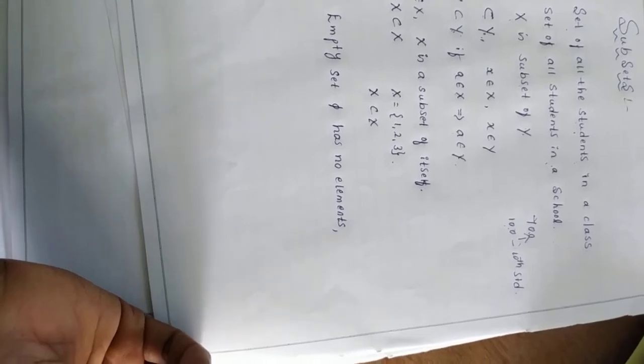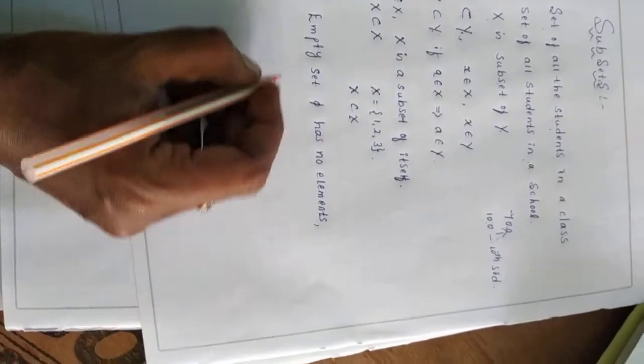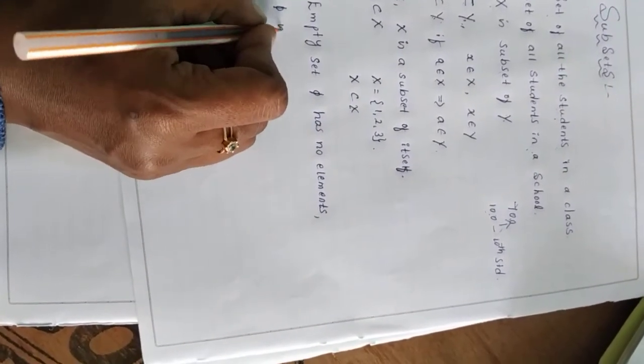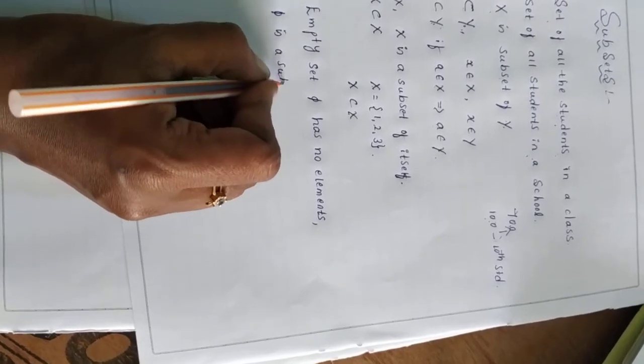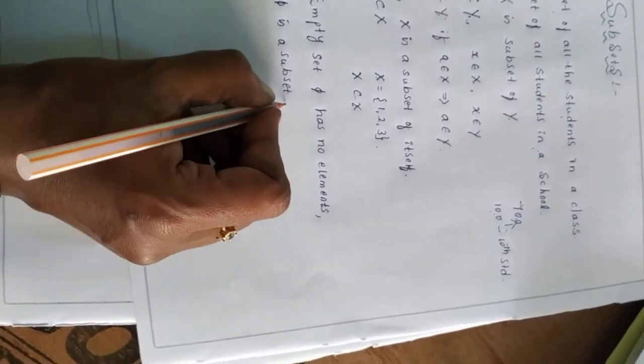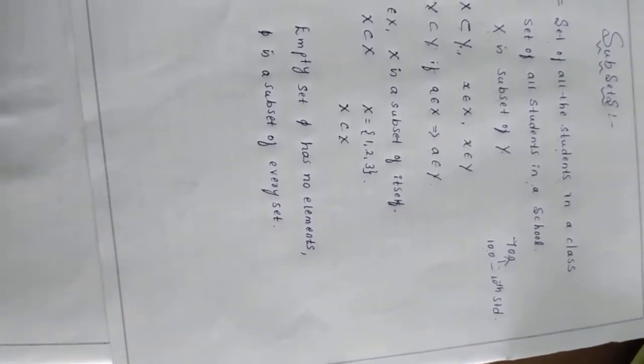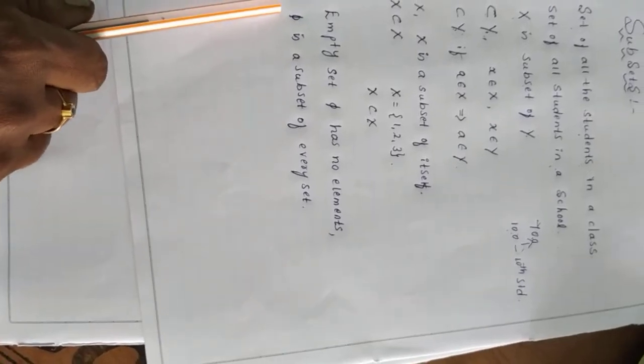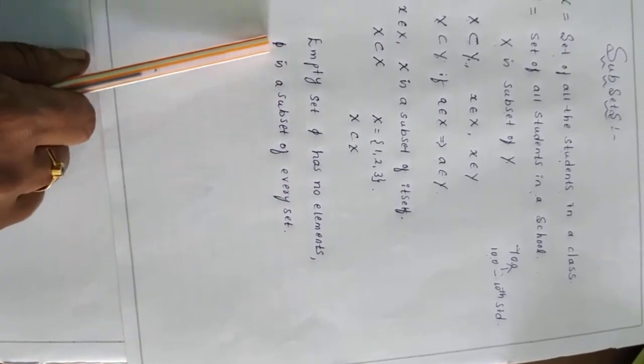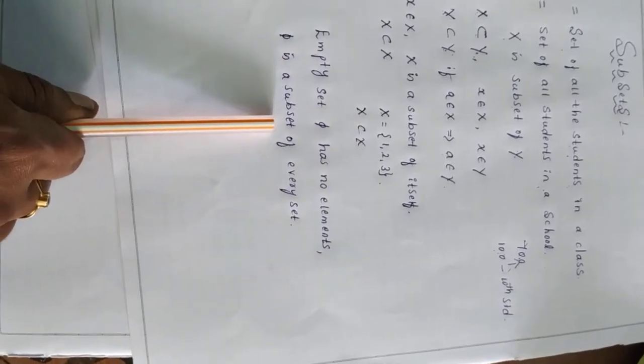We can agree on this. Therefore, we can say that phi is a subset of every set. Is it clear? Will you follow this? In phi, there is no element. Clear? Then for every set, phi is a subset.